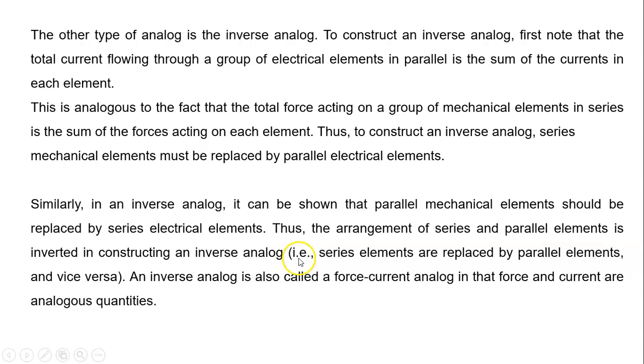That is, series elements are replaced by parallel elements and vice versa.